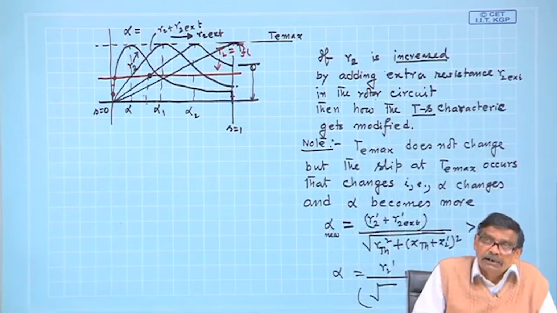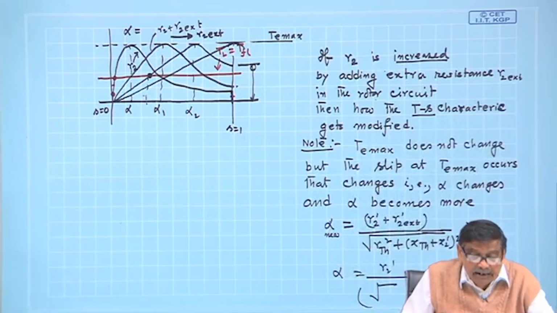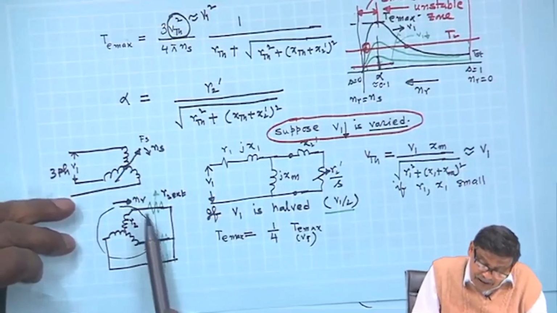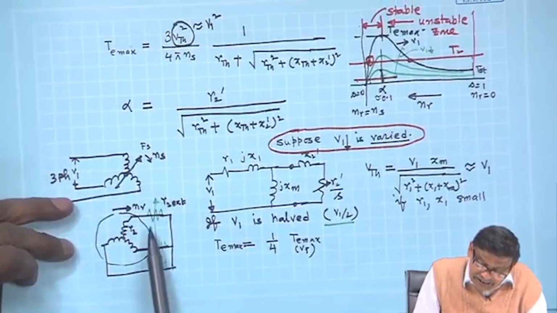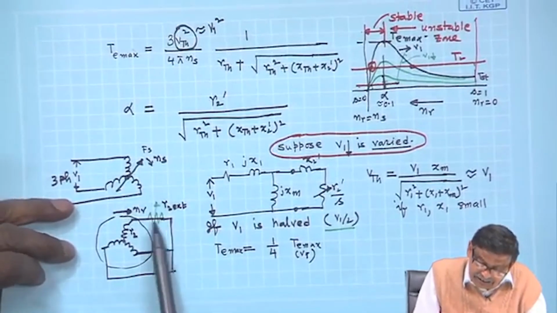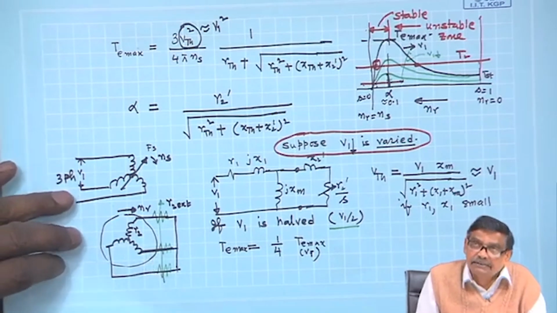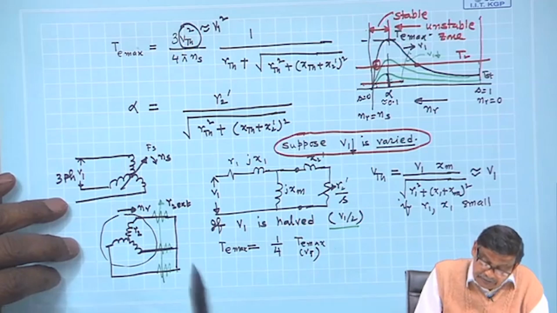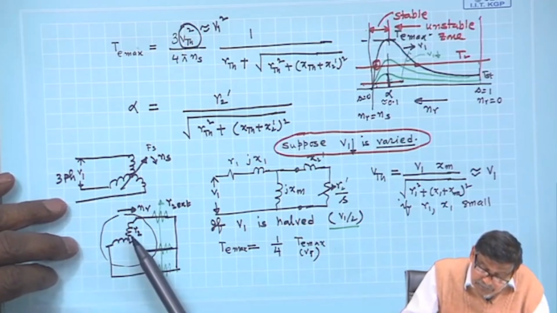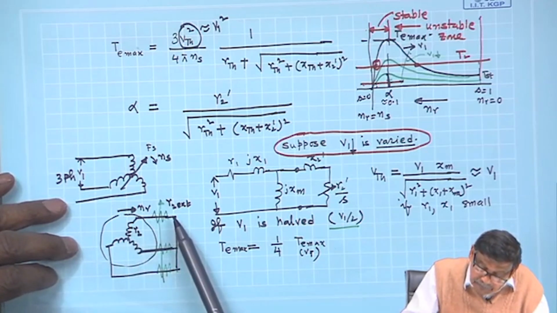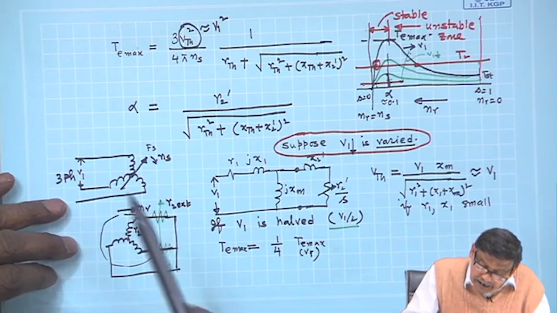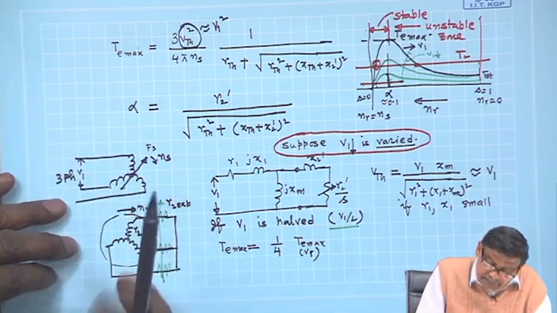If the rotor terminals are available, I will connect some R2 external, this green resistance, external resistance, of equal values, so that the balanced condition is preserved. So, per phase resistance will be R2 plus R2 external, and I will switch on the stator supply.